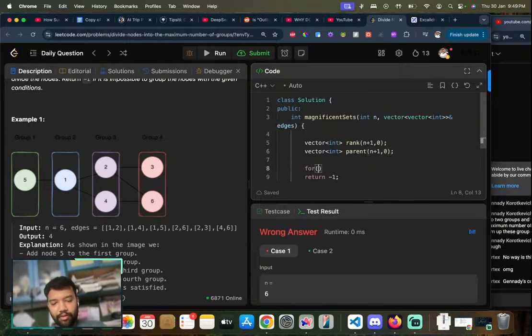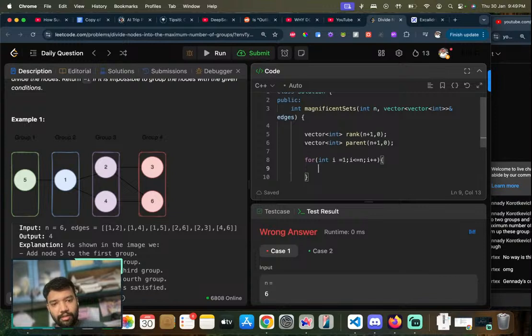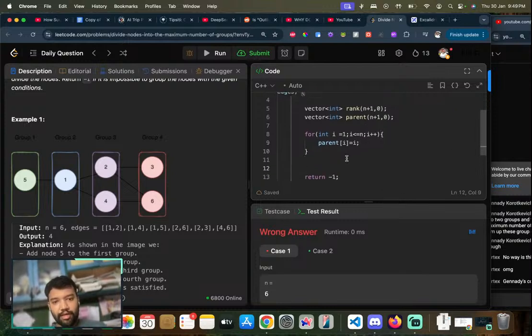Now for int i equals 1, i smaller than or equal to n, i plus plus. I'm leaving the zeroth one as of no use. Parent of i is equal to i. Okay, this is that. Now for auto edge of edges.